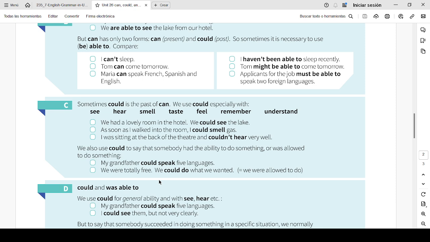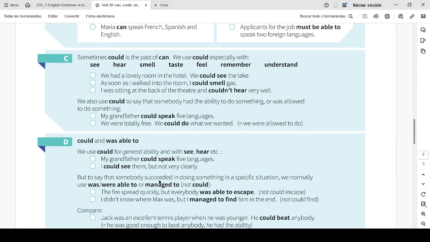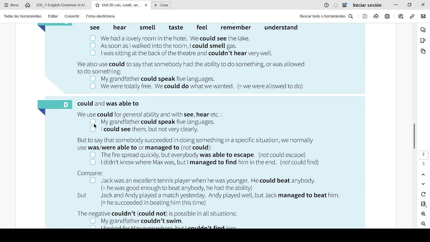Next part, section D: could and was able to. What's the difference between could and was able to? We use could for general ability and with see, hear, and so on. My grandfather could speak 5 languages.